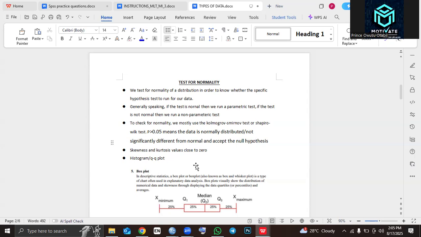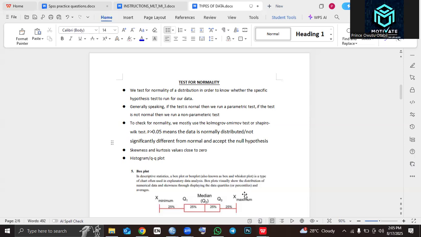Please note that generally we consider a p-value of 0.05 as the standard when we are running tests. So we have to have a standard that we are able to compare our p-value to.